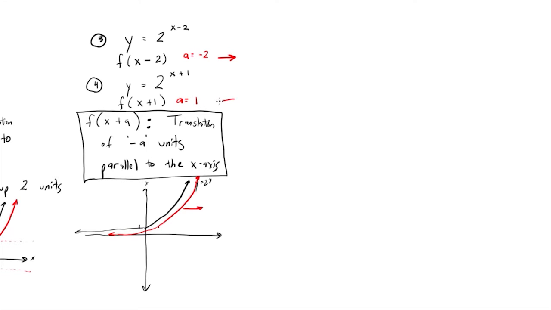So that means it would be moving -1 units, moving that graph towards the left. So here we have case 3, which is y equals 2 to the x minus 2. And in the other case, we'd have the value of 1 here. And we see that we're taking our original graph and it's moving this way towards the left with the same asymptote of the x-axis.